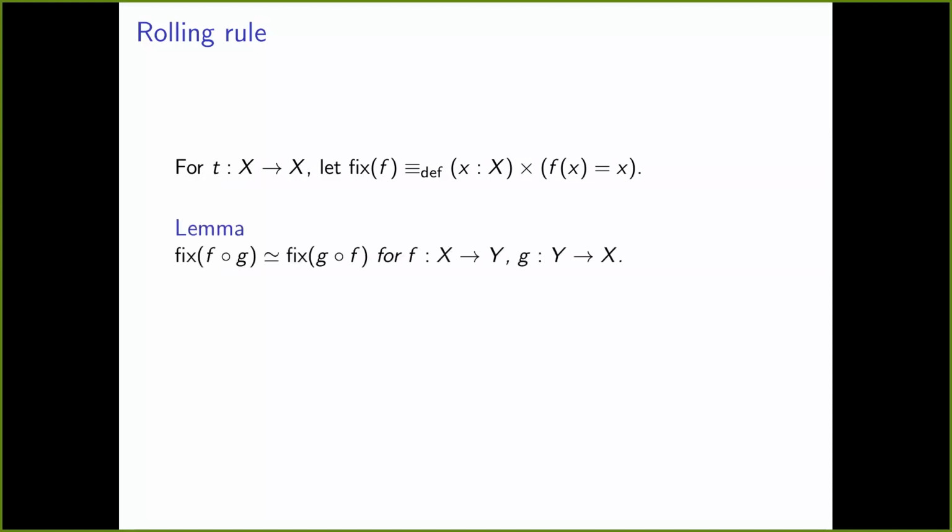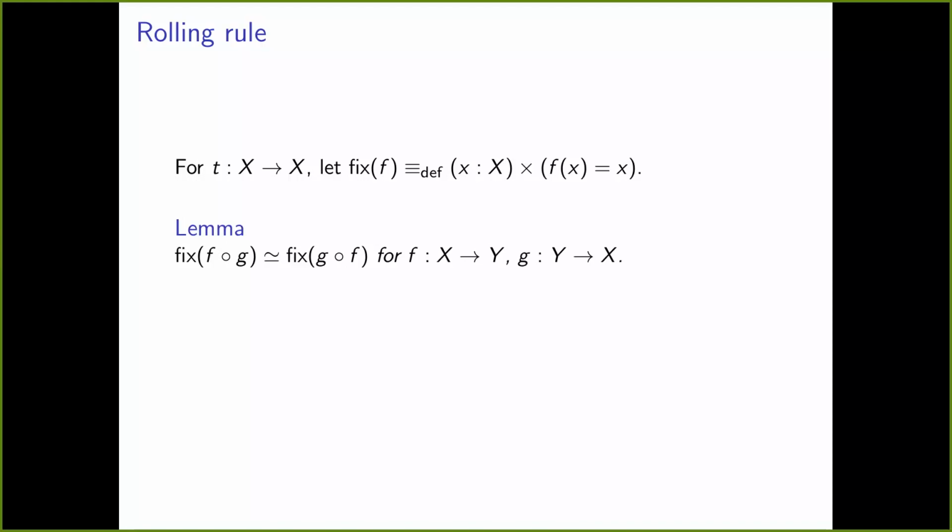Given f from X to X, I define the type of fixed points of f as what you expect: elements with a proof that they are fixed. Then the key lemma, which I call the rolling rule, is that whenever you have maps back and forth between X and Y, the types of fixed points of the two composites are equivalent. If you see this lemma, you might think it's going to be some ugly path algebra, because the type involves a path component, and you would have to prove some path algebra when defining the equivalences back and forth.